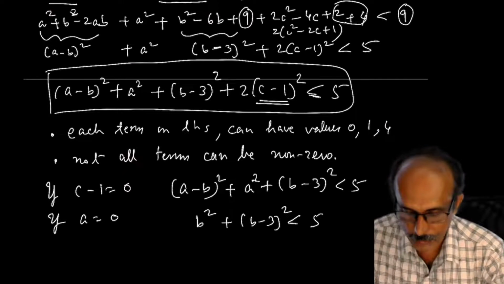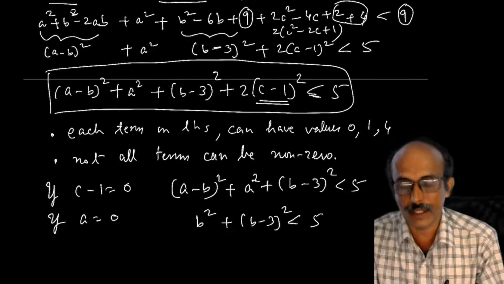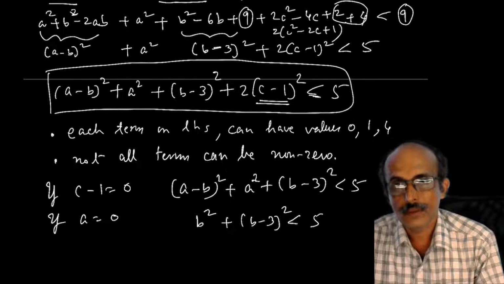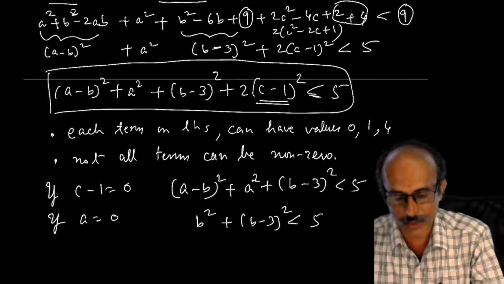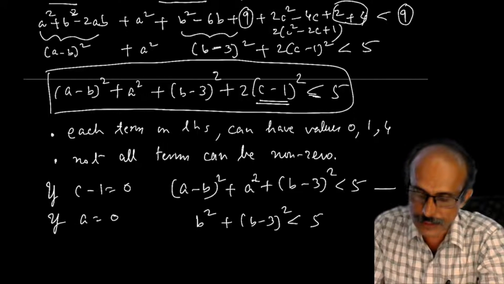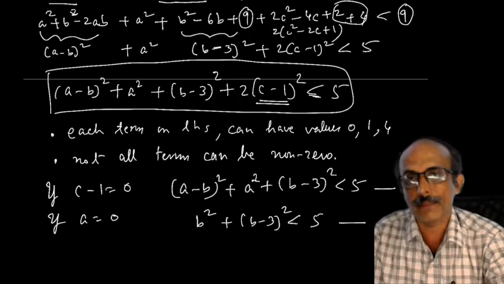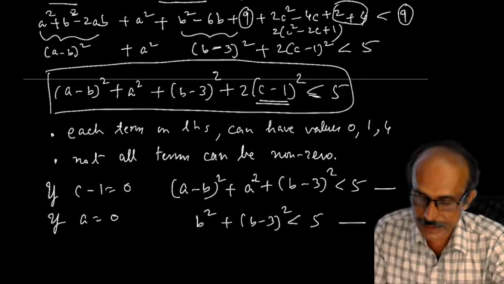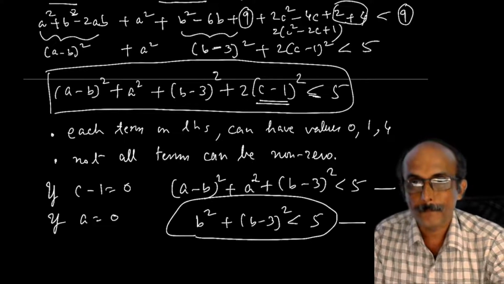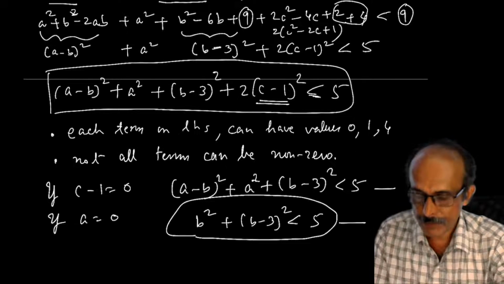What I am trying to do is to see some simple inequality in a single variable which we can easily handle. This is easy to see because it's a quadratic kind of thing. We can see what are the possible values of b.